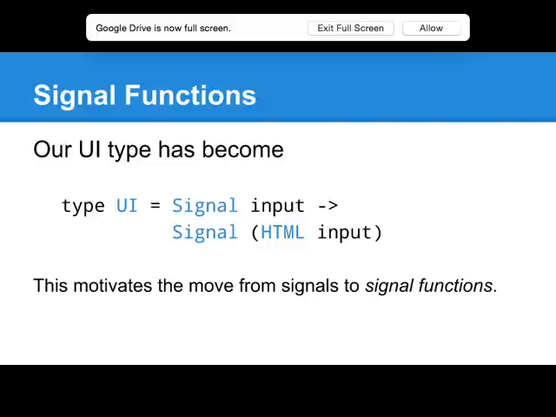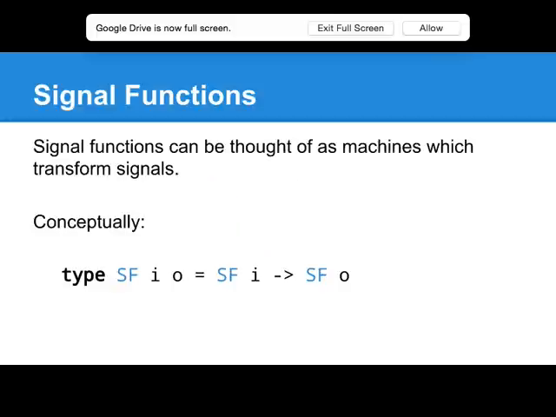As I said, this motivates the move from signals to signal functions. Signal functions can be thought of as black boxes or machines that take values coming out of one signal and produce values that you could use as the input to another, a source of other time-varying values, another signal.